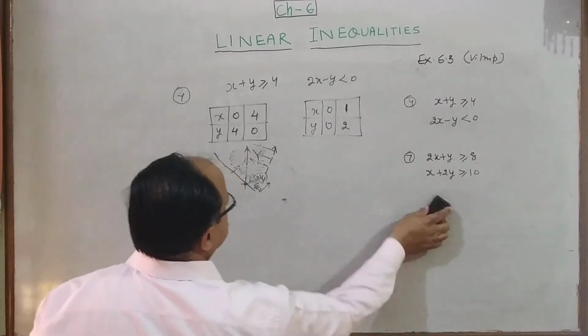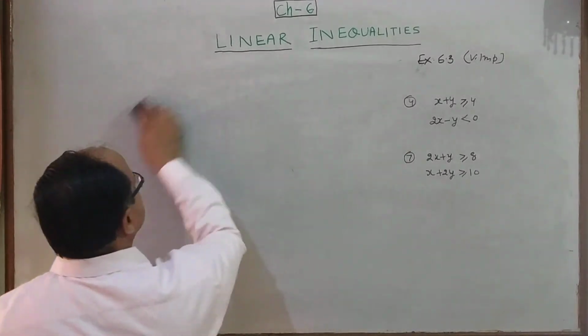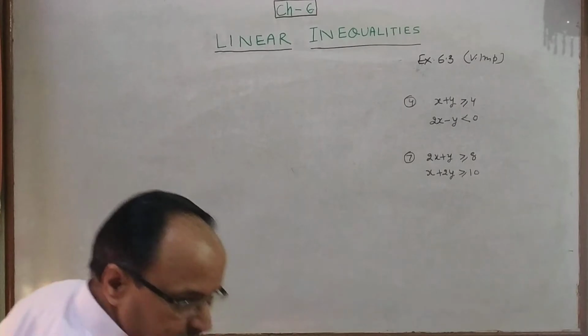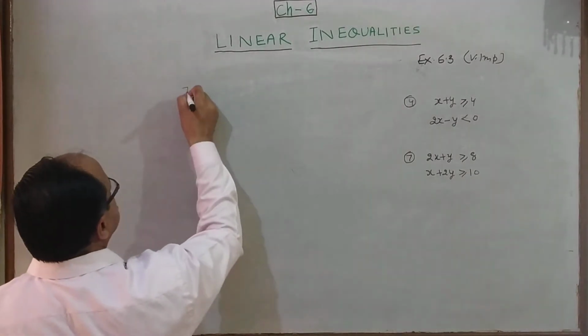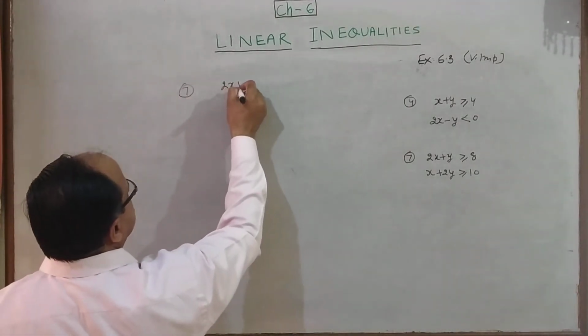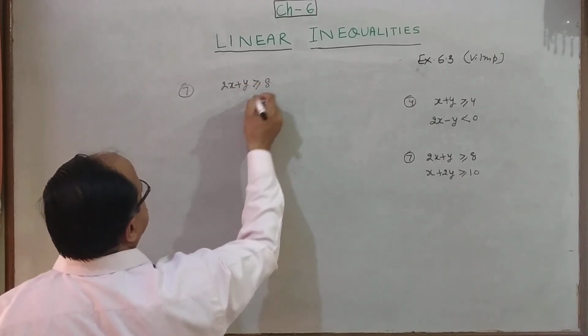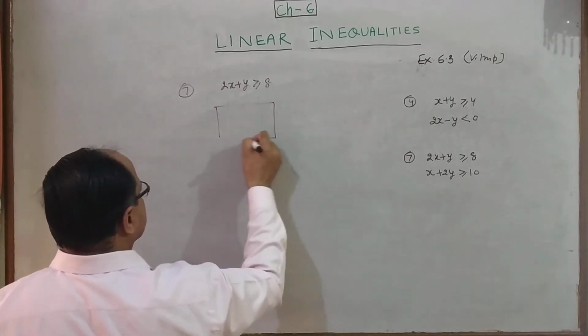Next, question number 7: 2x plus y greater than or equal to 8. Make the table.